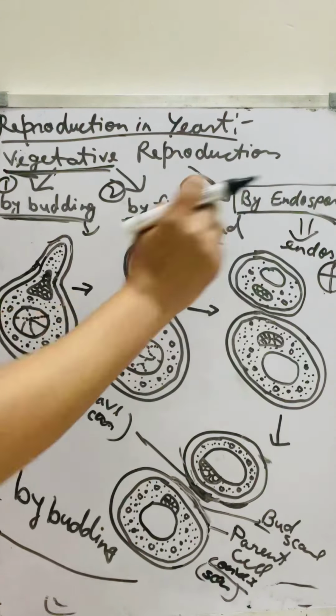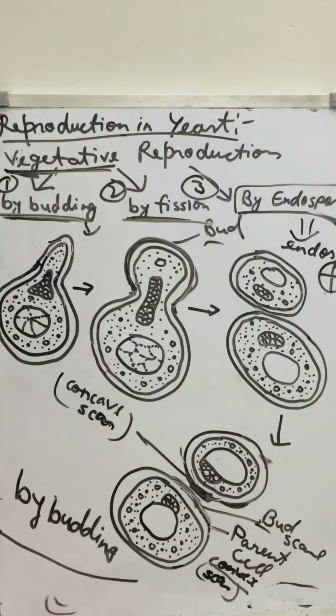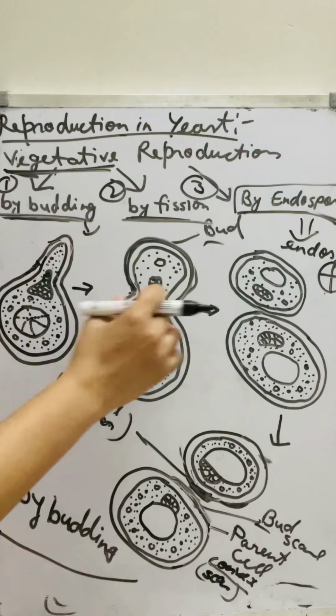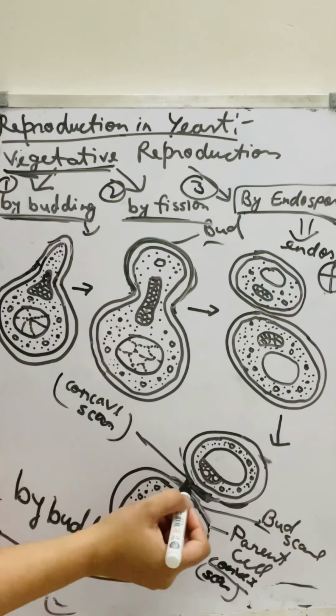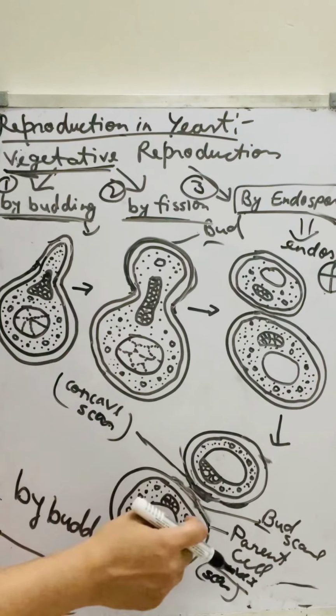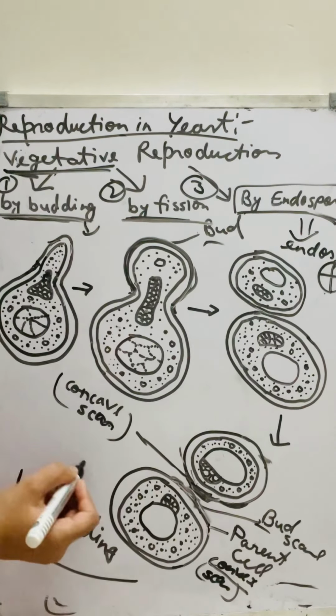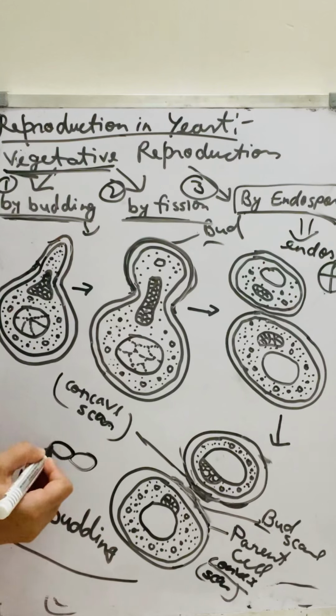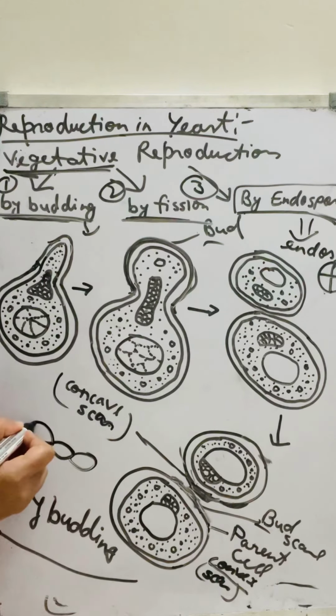One more thing I'm missing here. Sometimes the bud does not separate from the other cell. Sometimes it stays joined with the other cell, and then it forms a chain-like structure. I'll show you this kind of chain in the yeast diagram.